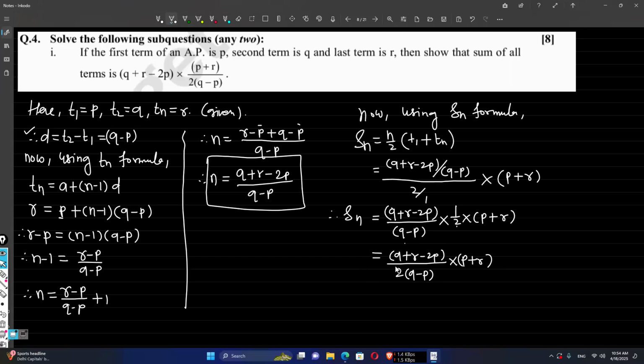Now let's rearrange these things without changing the meaning of the statement: (Q plus R minus 2P) times (P plus R) divided by 2 times (Q minus P). And on the left hand side it is Sn, meaning the sum of all terms in the AP is (Q plus R minus 2P) times (P plus R), whole divided by 2 times (Q minus P), and that is what we had to prove. Hence proved.